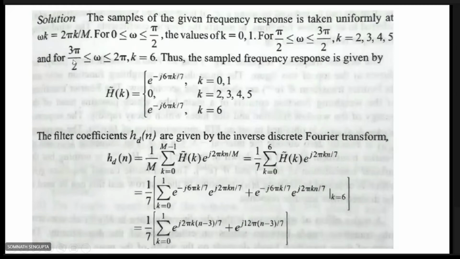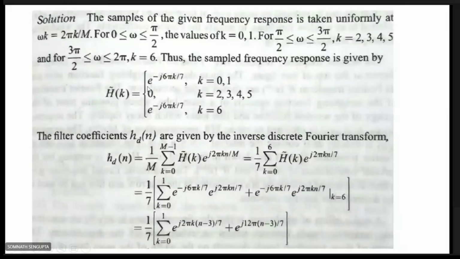And again it will be repeated after 3 pi by 2 to 2 pi, which is the frequency range we get as k equal to 6. So k equal to 6, the frequency sample falls in this category. So we divide the zones of frequency samples.